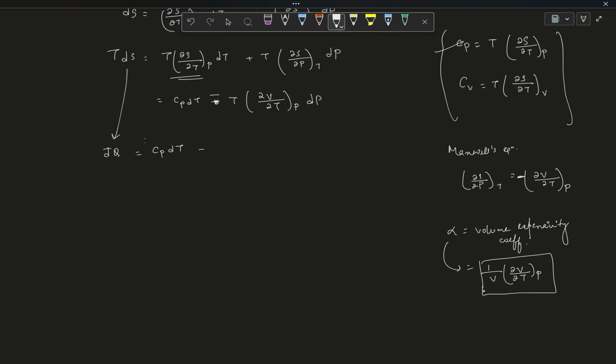Here the initial actual volume is V, so the change in volume is dV. For a temperature change of dT, the rate of change in volume with temperature is just del V del T, happening at constant pressure, and with respect to the initial volume, the ratio is 1 by V del V del T at P constant. So from here you get that del V del T at P constant is just alpha times V, where alpha is the volume expansivity. That you replace here, so this is T times alpha V dP.